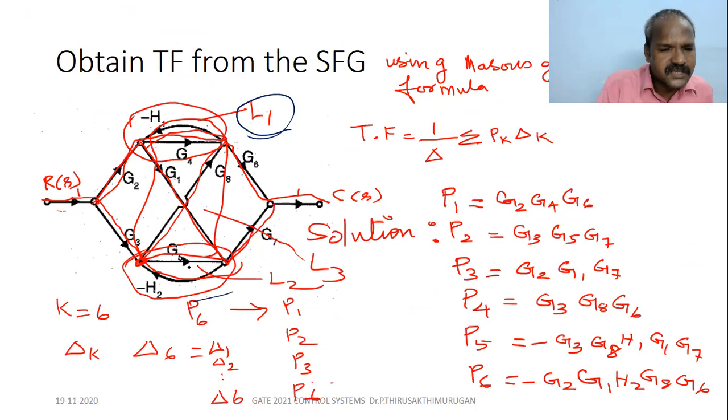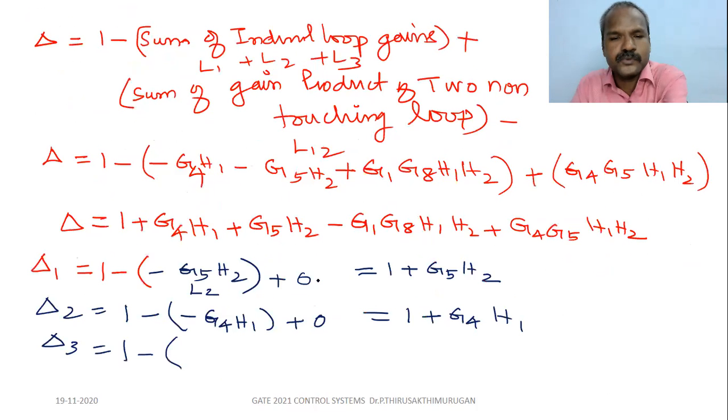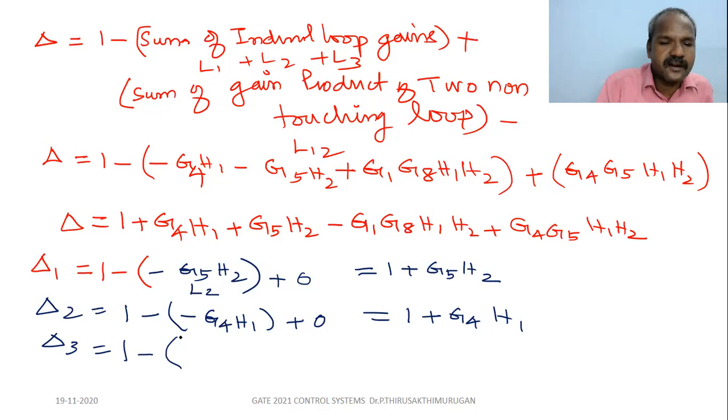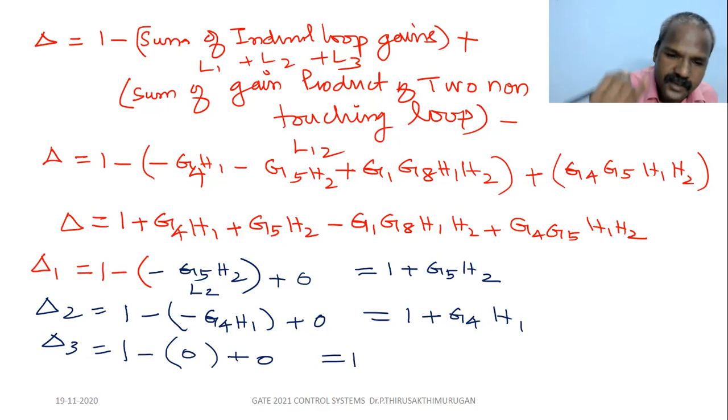All 3 loops L1, L2 and L3 are touching this forward path. So the sum of individual loops not touching the third forward path is 0. So delta 3 is 1. Similarly, delta 4. Delta 4 is not the same as delta.